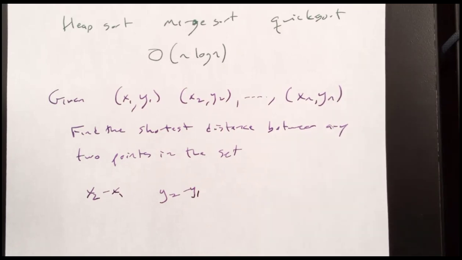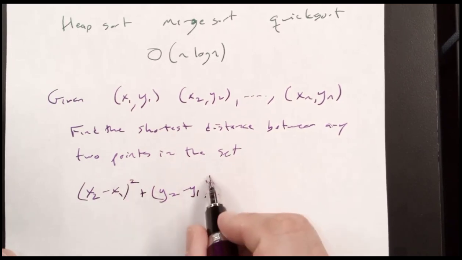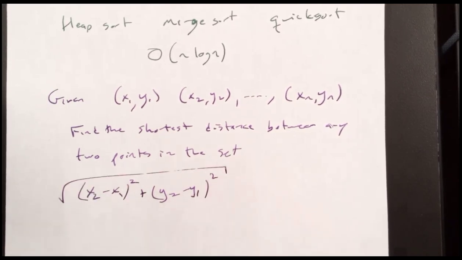That would give me slope. Same idea though, Colin. Except I need to do something before I add these two together. I have to square them, and then I take the square root. That's the distance formula, right? It's the Pythagoras, change in X, change in Y, give me the hypotenuse, right?